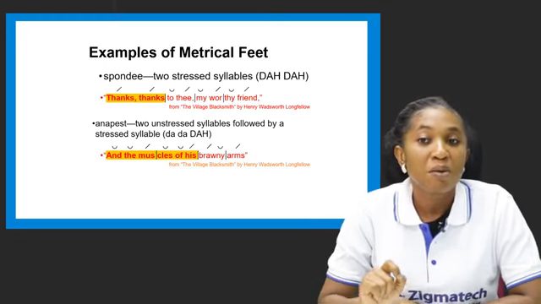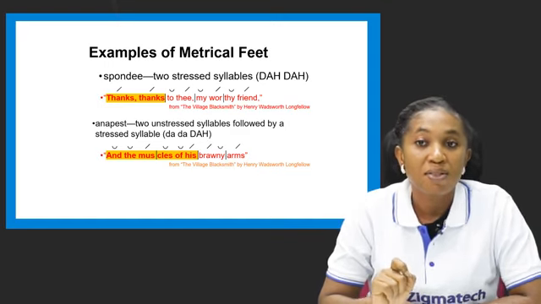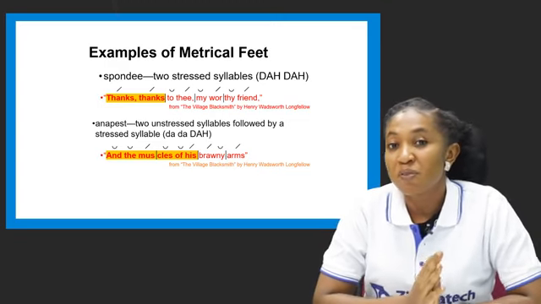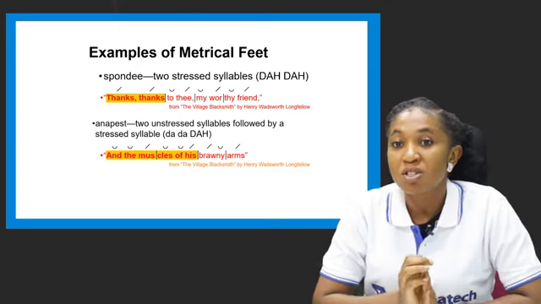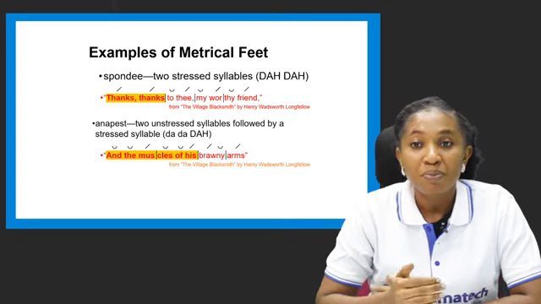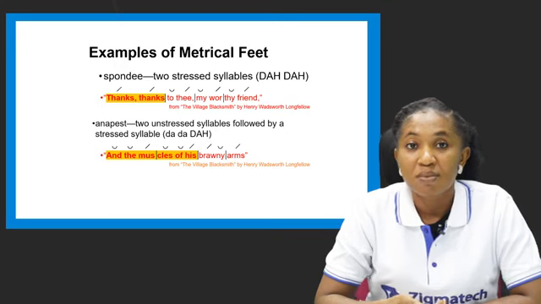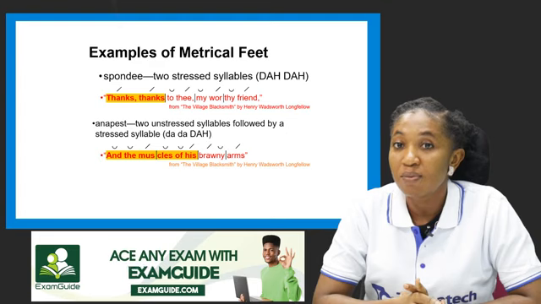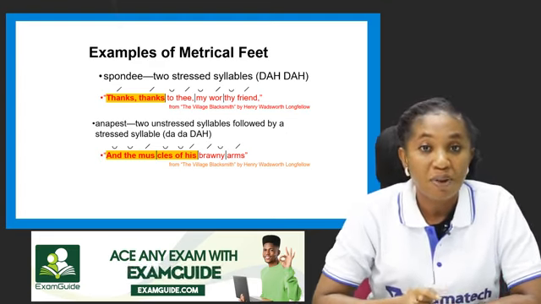In the highlighted part, we have and the being unstressed, and then we have the first part of the word muscle being stressed, that is M-U-S, as the stressed syllable of the word. Now, this pattern is an example of what we call anapest. Remember, we've talked about iamb, trochee, spondee, and then this one is anapest.